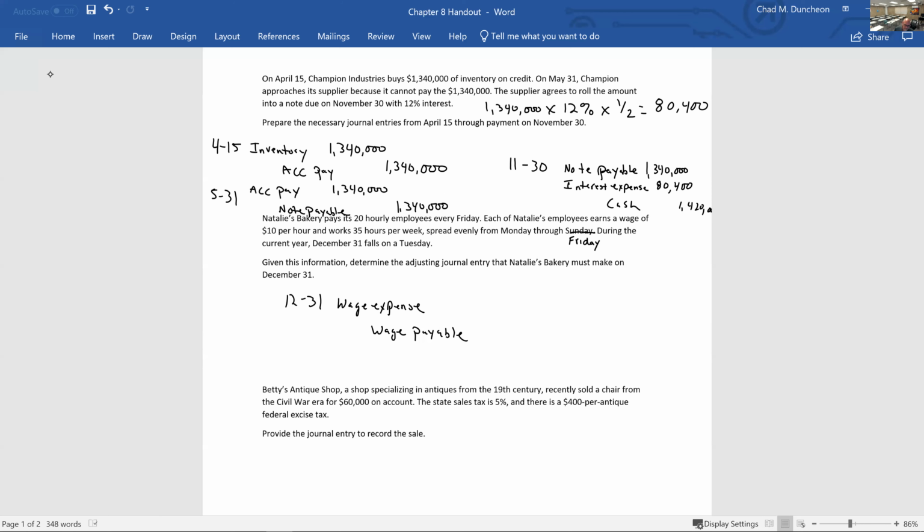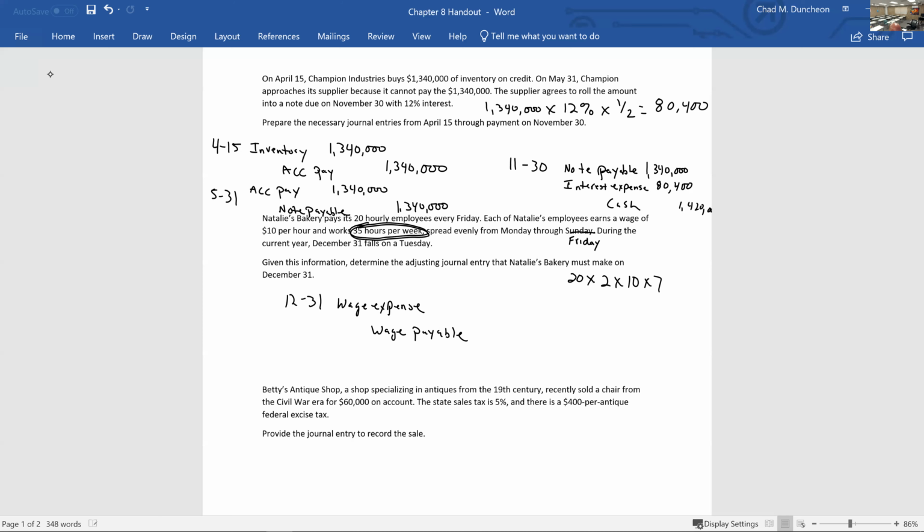Next, we have to determine the amount. Okay, so we have 20 employees. They're going to work for 2 days, $10 an hour, 7 hours a day. I got that 7 hours a day because it's a 35-hour work week, and they work Monday through Friday.